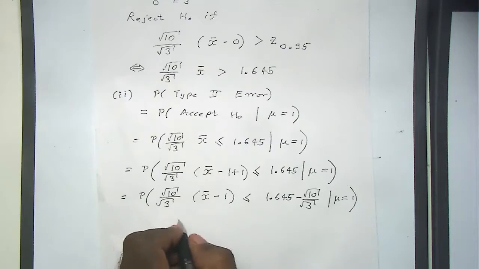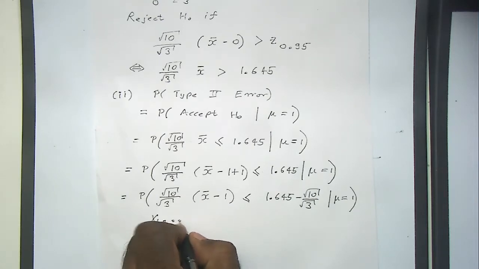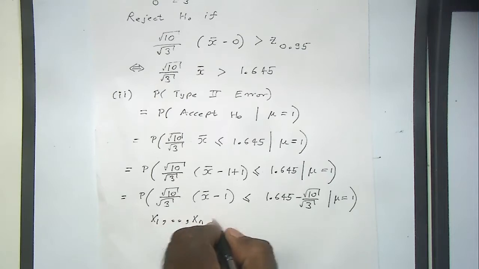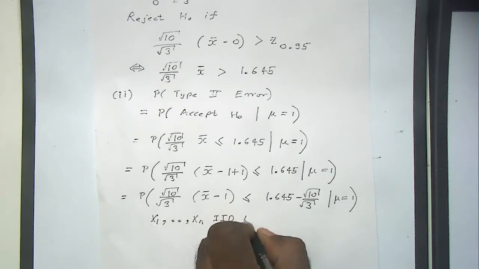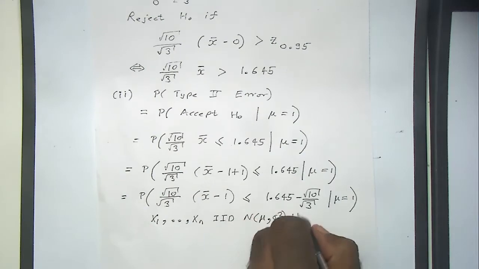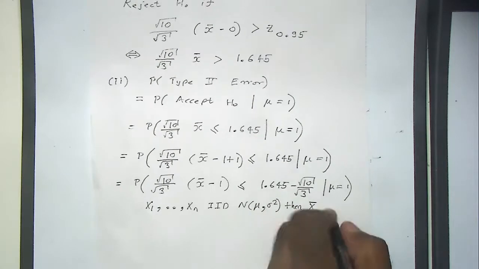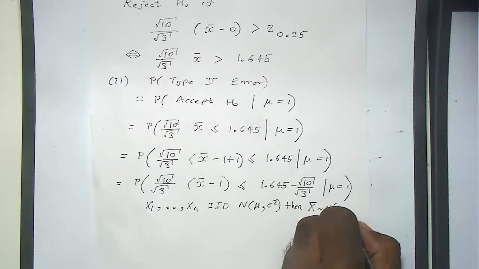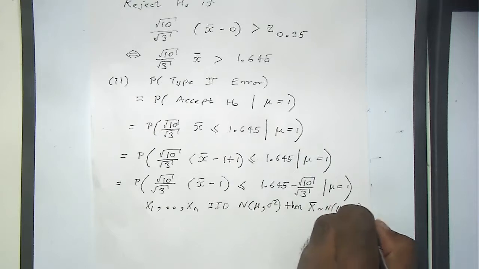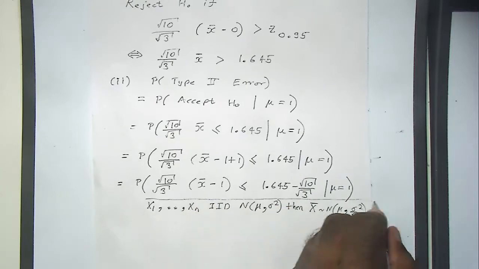Come on guys, don't you remember that if you have this property that if x1 to xn are IID normal with parameters mu and sigma squared, then x bar, the average or the sample mean, has the normal distribution with these parameters. Alright, so this is the property I'm referring to.